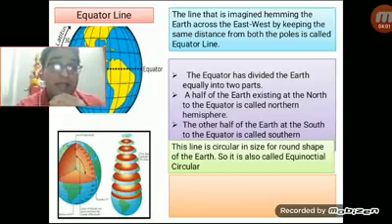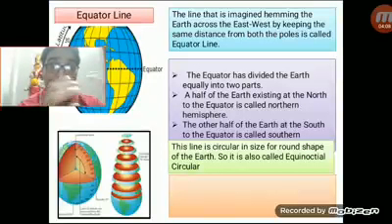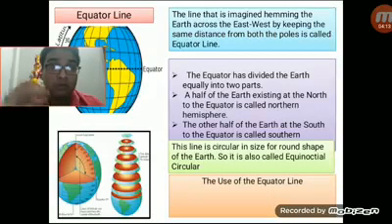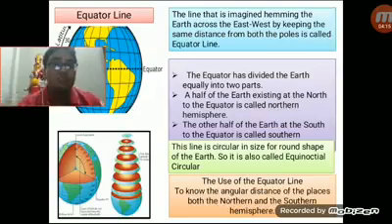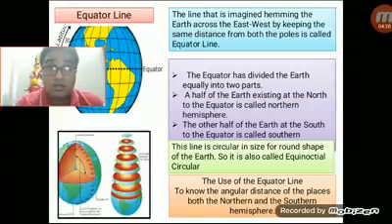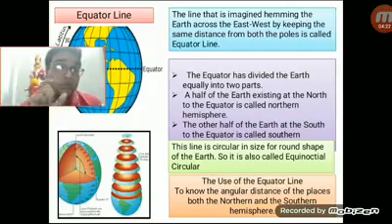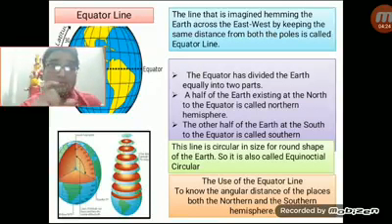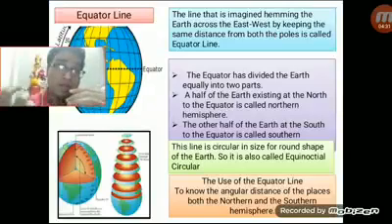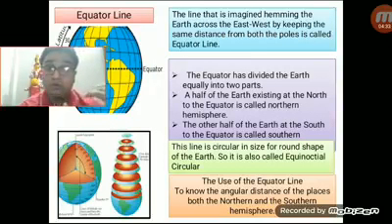This line is circular in size for the round shape of the earth, so it is also called the equinoctial circle or equinoctial line. Then the use of the equator line is to know the angular distance of places in both the southern and northern hemispheres from the equator line.